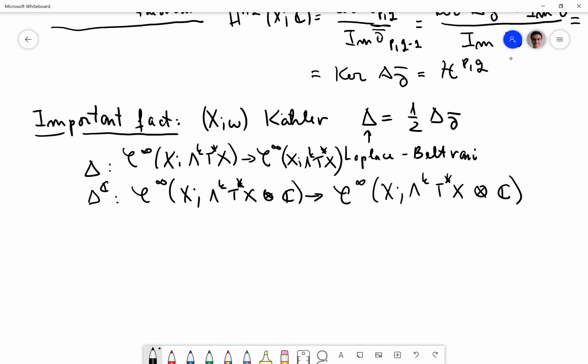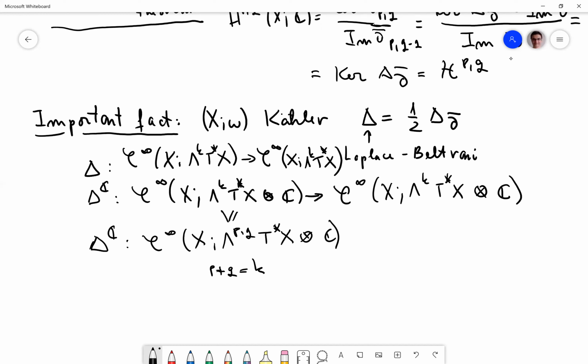Now here, (p,q) forms are a subspace of this, where p plus q is equal to k. So the complexified Laplace-Beltrami acts on this space, and this gets sent in here in general.